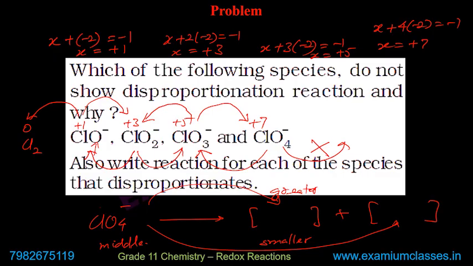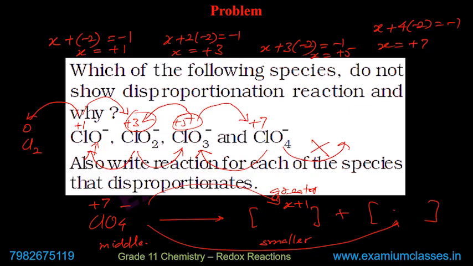So that's what I explained: if the oxidation state of the reactant is X, then it will be X plus 1 in case of oxidation, or X minus 1 in case of reduction. But if the oxidation state of the reactant ClO4 minus is +7, it can go to a lower oxidation state, +5 or +3. That is possible.